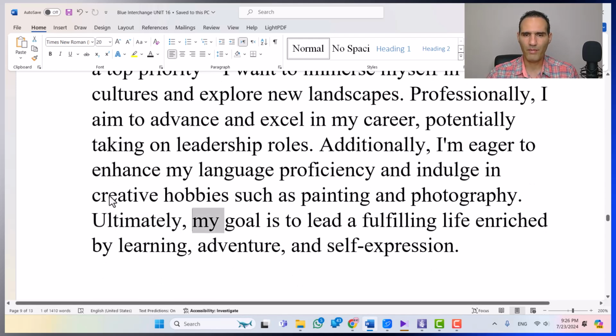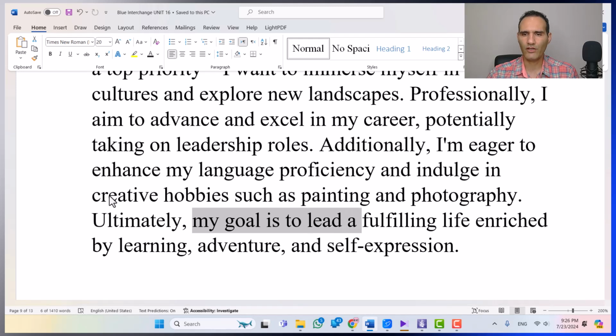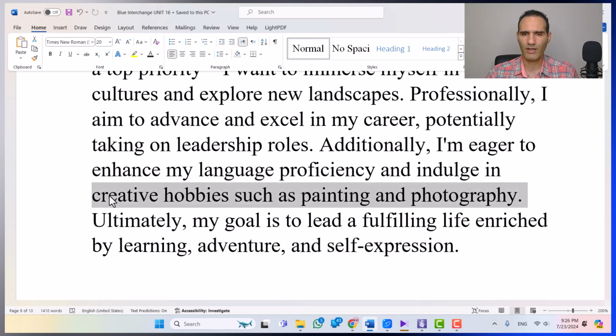Ultimately, finally, my goal is to lead a fulfilling life, enriched by, reduced adjective clause, which is enriched by learning, adventure, and self-expression. So learning is the language learning things, adventure, the travel, and self-expression. Here at the end, talking about creative hobbies like painting and photography.